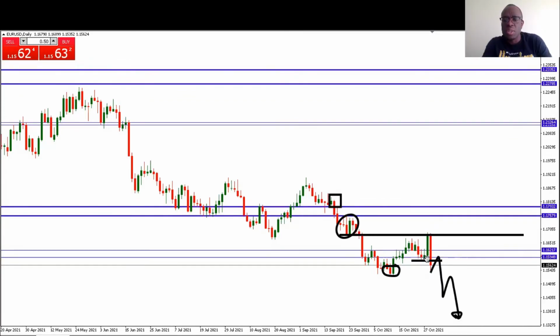Since the price has broken the low, I'll be expecting that the price is going to push back, coming to retest this as a resistance area where it will be pushed to the downside and maybe come back again and test another low, which is this one, as a resistance area before making that push to the downside to the next order block, that's below, that we have seen on the weekly chart.